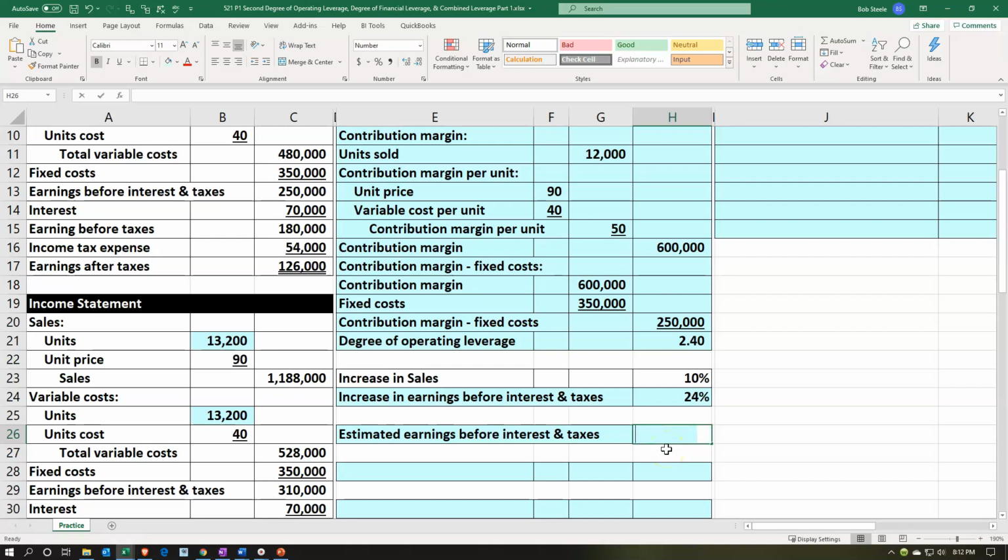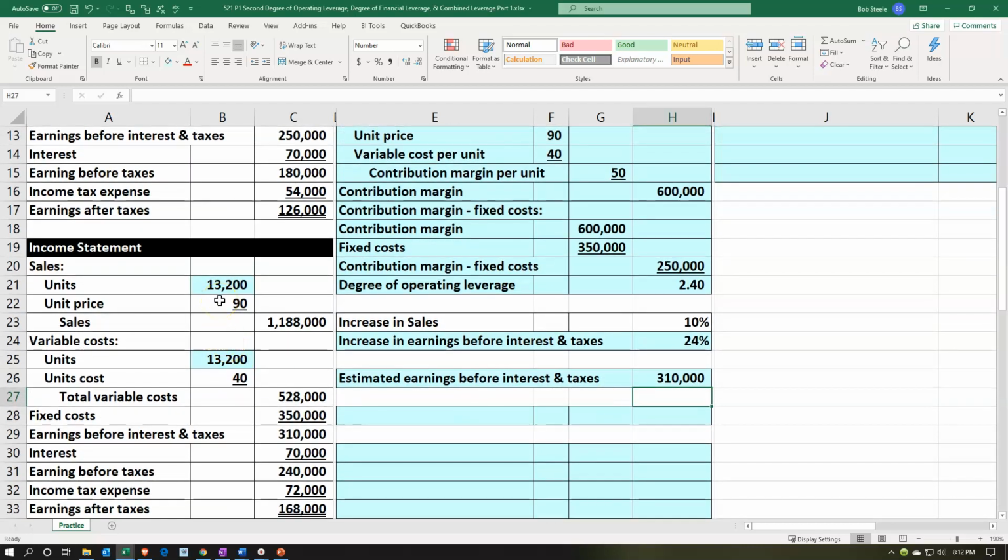So we're going to say this is equal to the earnings before interest and taxes times brackets, 1 plus this 24%, closing up the brackets, and there's going to be our 310. So we would expect then a 10% increase in sales to create the estimated earnings before interest and taxes of 310.